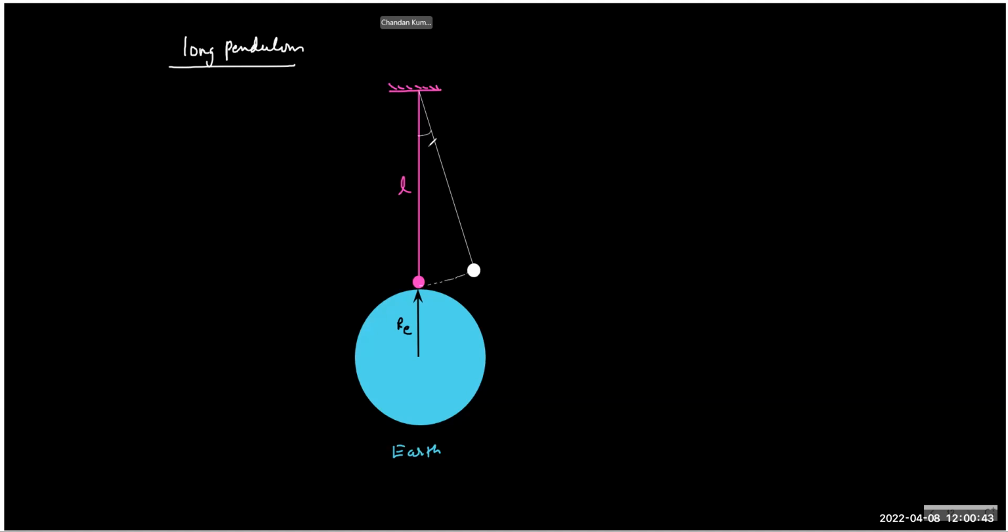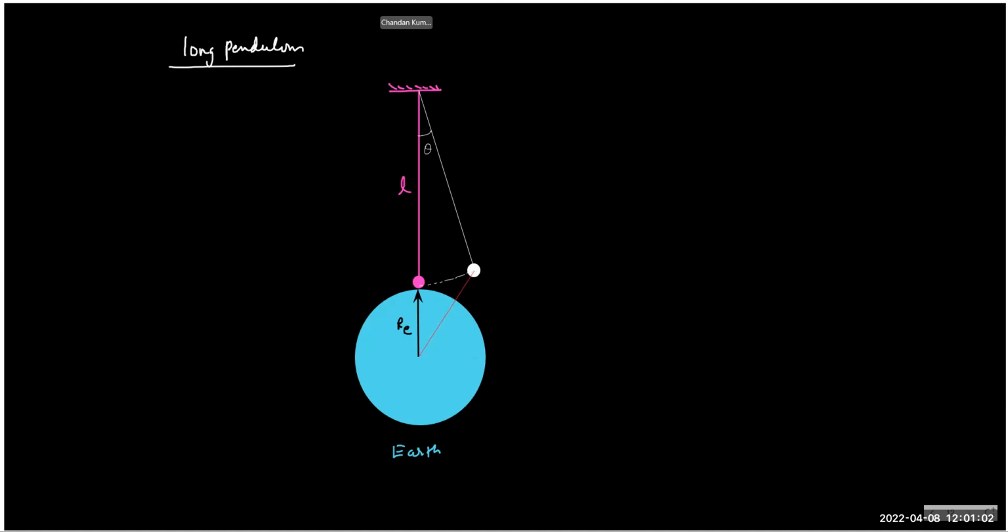This angle is alpha. You tilt by theta, but now the gravity will not act vertically downward, right? The problem is the gravity will act this way. Can you realize this part?